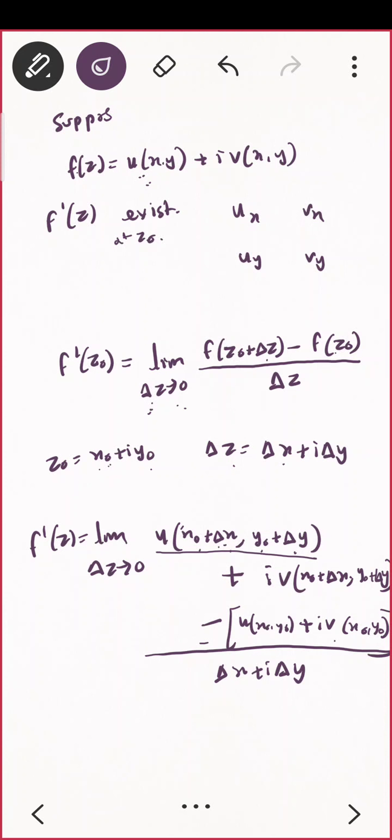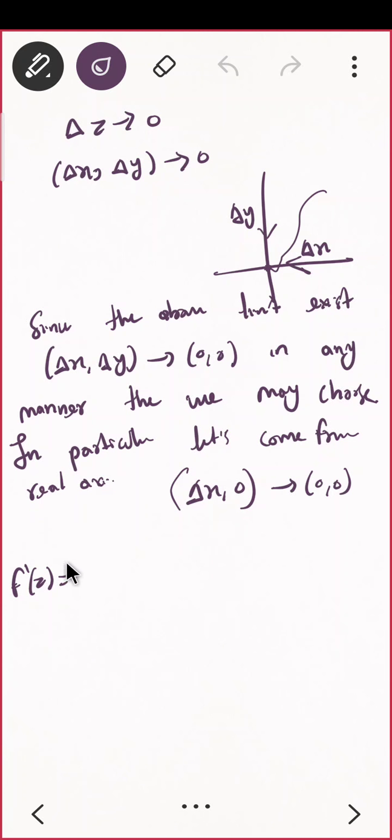Similarly, in the next case I will be going from the imaginary path. In that case delta x will be 0, and I will be getting some u y. Let us see what you will be having. u of x naught plus delta x comma y naught, minus u of x naught y naught upon delta x. I hope that is clear to you. Once you do it by yourself, you will see.